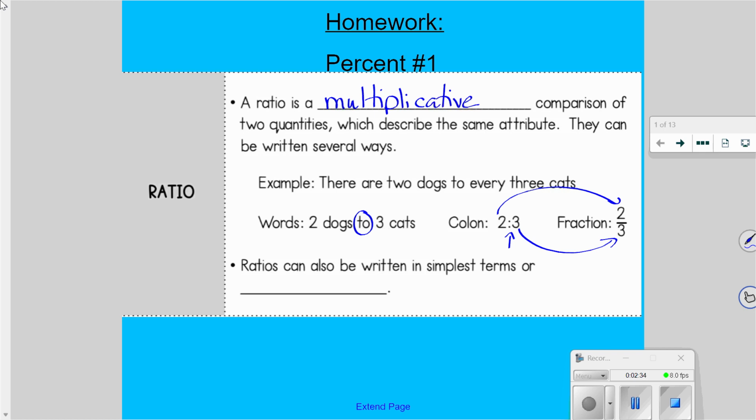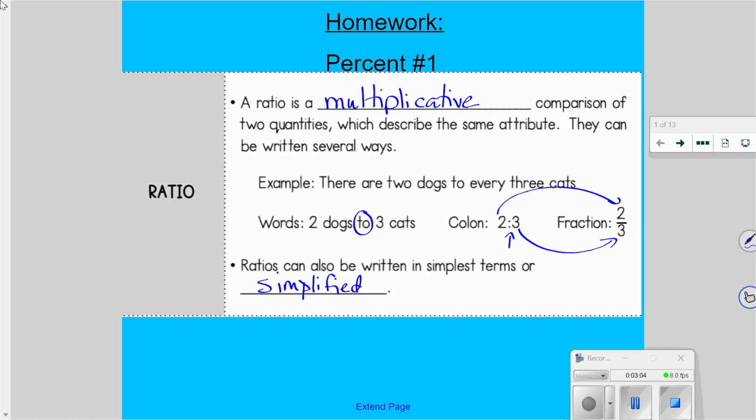Now, when we are looking at fractions, if they are not in simplest form or simplest terms, what process do we go through to get them where they are? What do we call that? Simplified. They are simplified. So ratios can also be written in simplest terms, or the term we use is simplified.